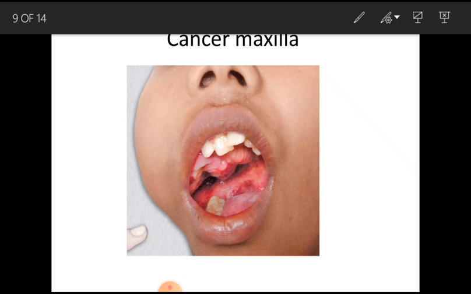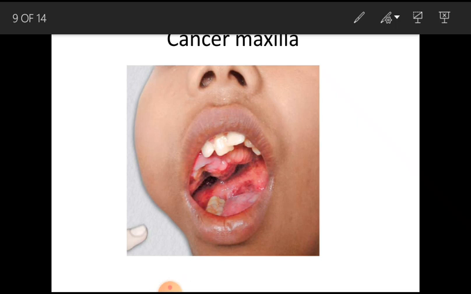So if a patient more than 40 presents to your clinic with chronic sinusitis and usually bloody discharge, not responding to the usual medical treatment, we must suspect the cancer maxilla.